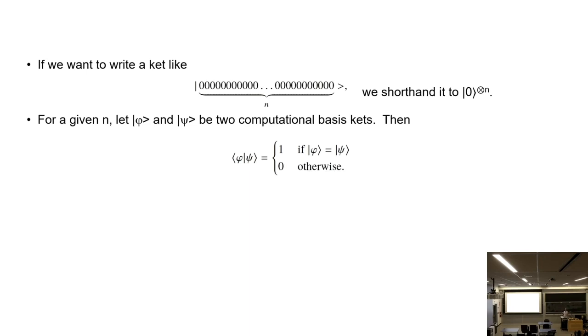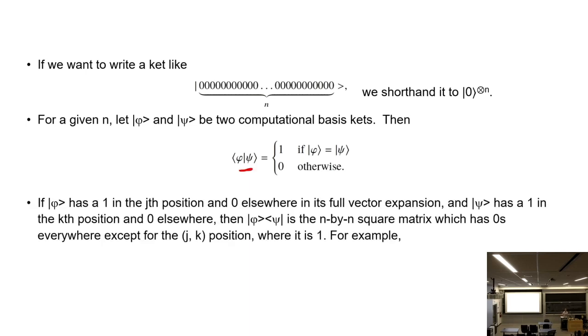And we saw that last time for the 2-qubit case. And if one of our quantum states has a 1 in the jth position and a 0 elsewhere, and the other quantum state has a 1 in the kth position and 0 elsewhere, then the outer product is just the n by n square matrix that has zeros everywhere except the j and k positions.